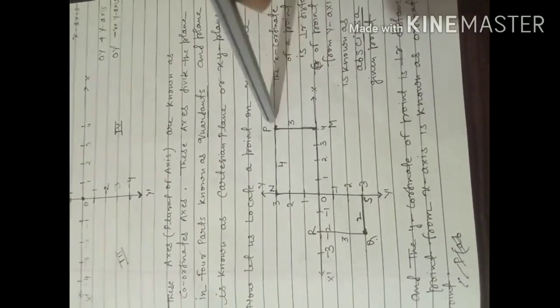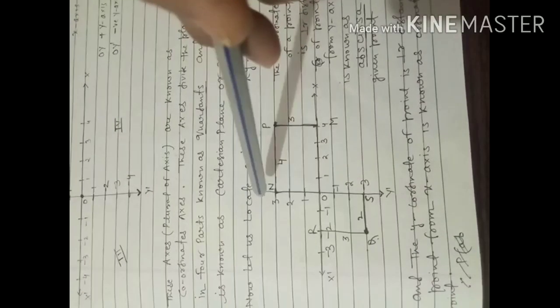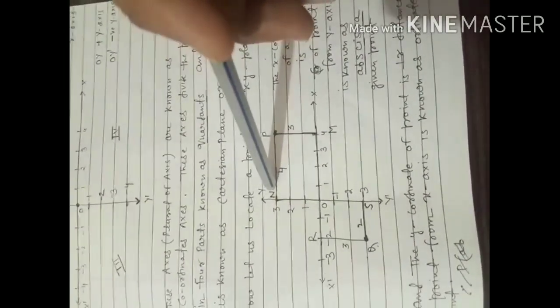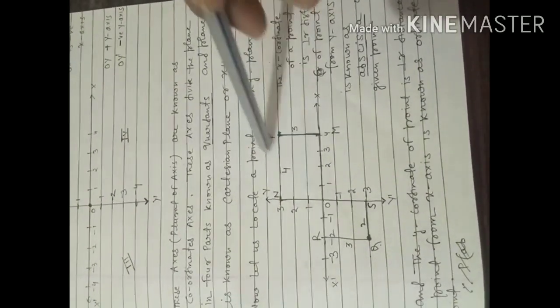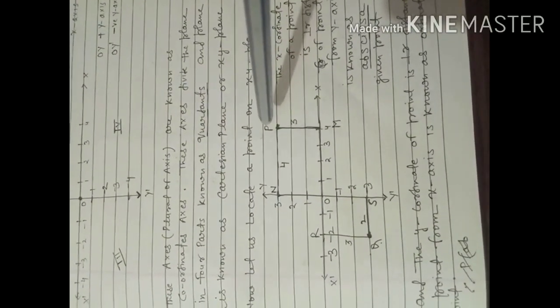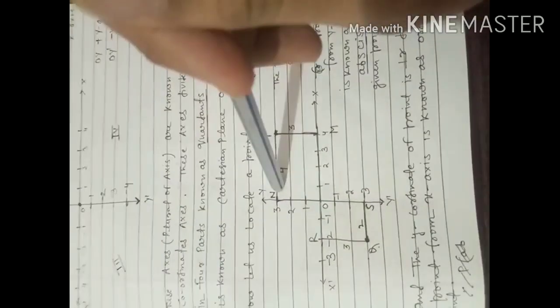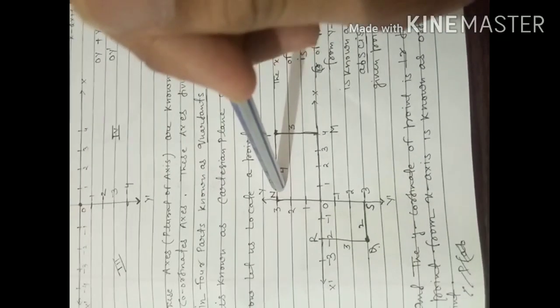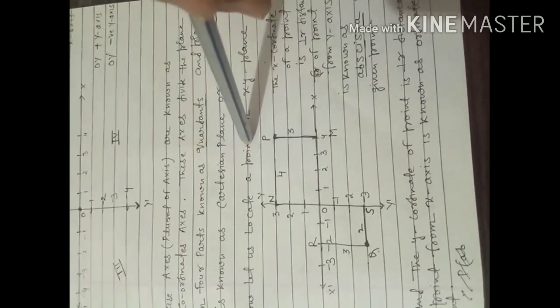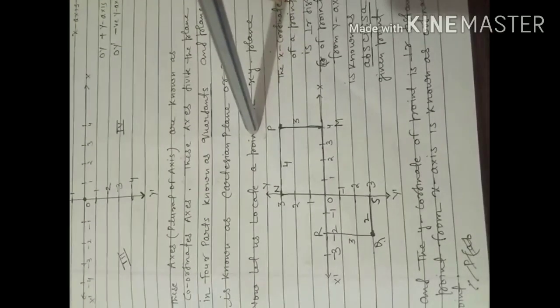Now the perpendicular from point P on the y-axis is known as the x coordinate of point P, or the abscissa of point P.